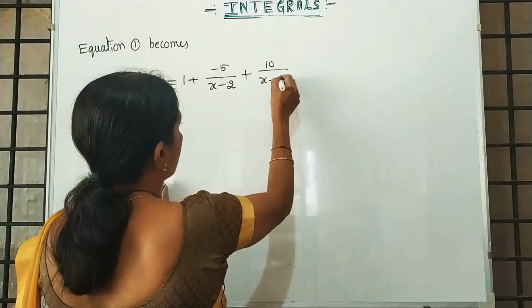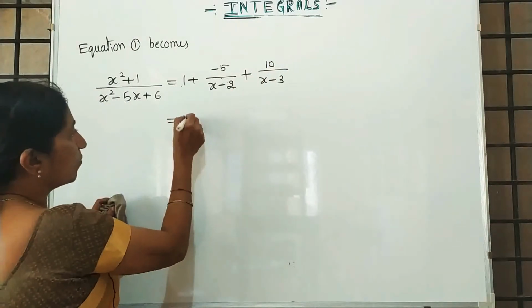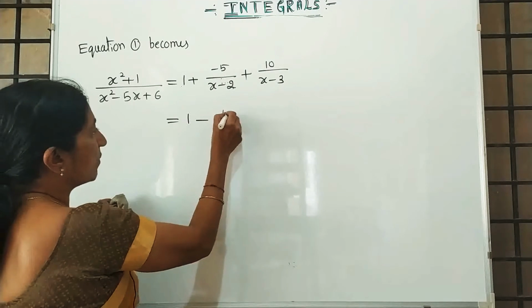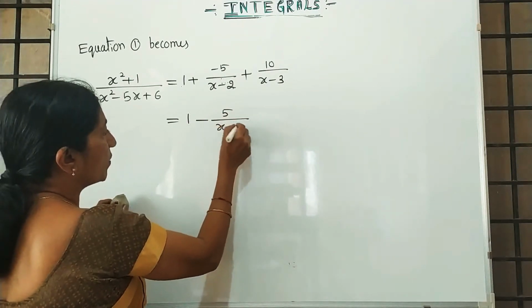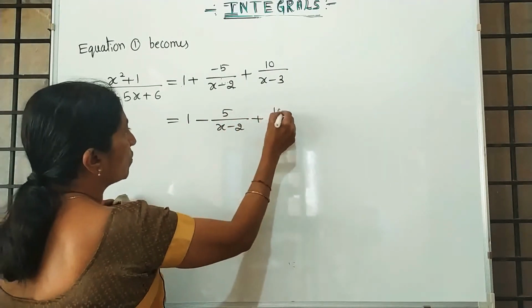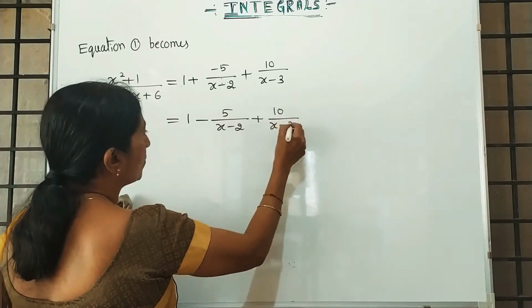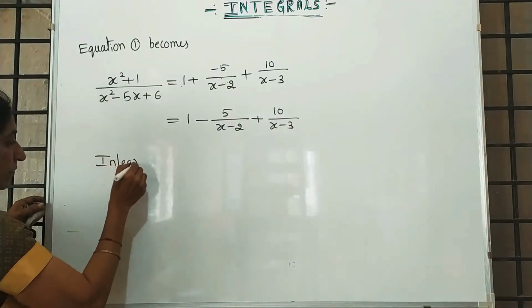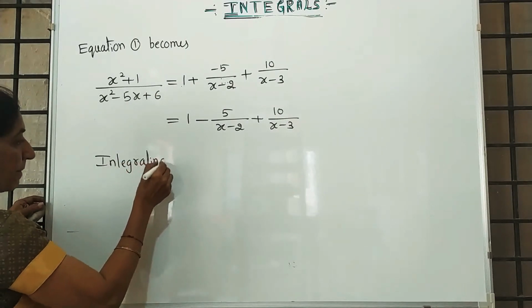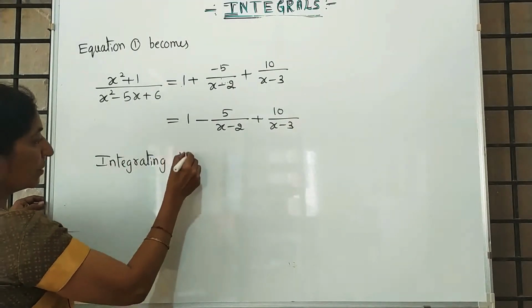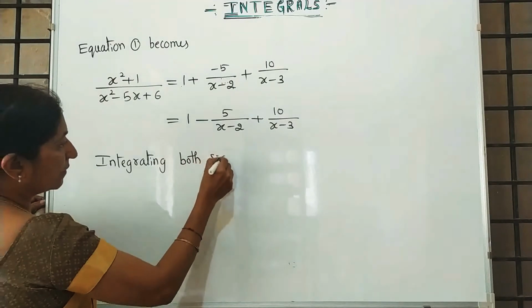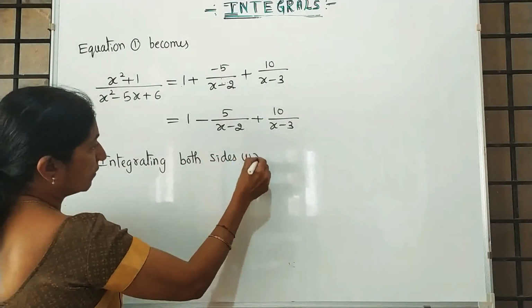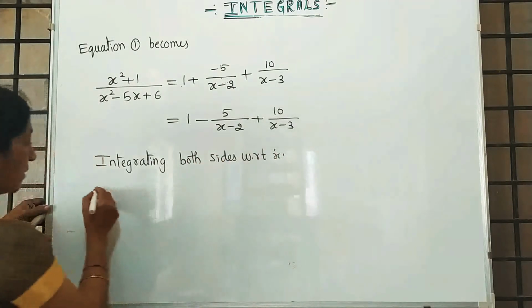Upon x minus 3. This will be written as 1 plus (into minus is minus) 5 upon x minus 2 plus 10 upon x minus 3. Now integrating both the sides with respect to x.